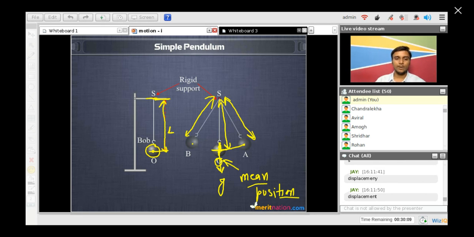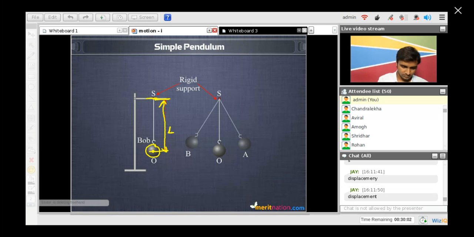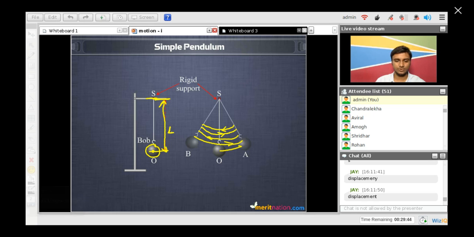From the mean position I have taken it to point A. Now if I release it, it will move to point B. Again it will come back to point A, then again to point B, and the motion will continue. That is to and fro motion.